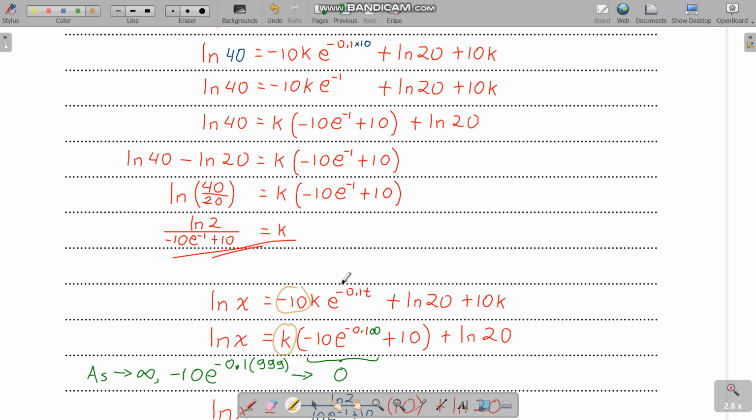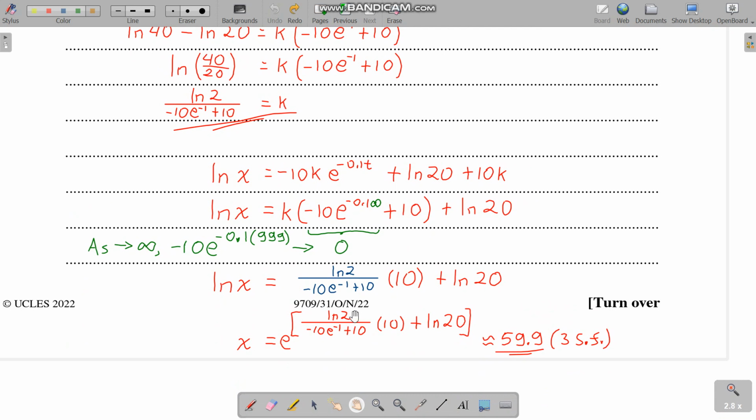So here we still have minus 10 times this, and we will have plus 10 because we factor out the k. Then we replace the t with infinity. Okay, so this is what we need to analyze. What is x when t is infinity?